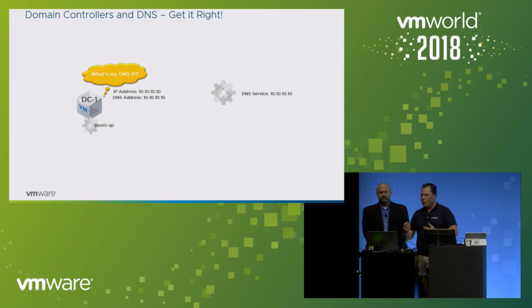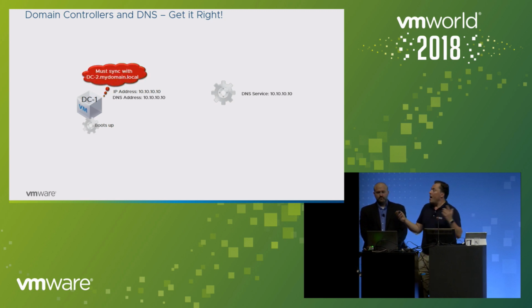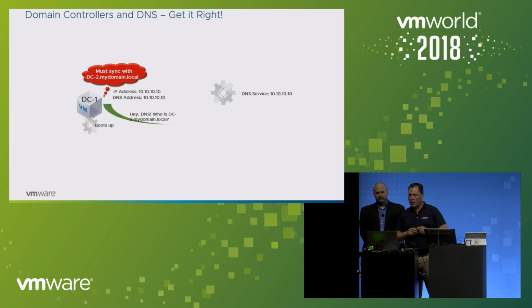So now we want to start the DNS server because I have to sync with my replication partner, at least one replication partner. But the DNS zone is Active Directory integrated. So here's a chicken and egg problem. And what you see is that if we ask DNS who's DC2, then it's I don't know, I haven't started. Okay, please start.